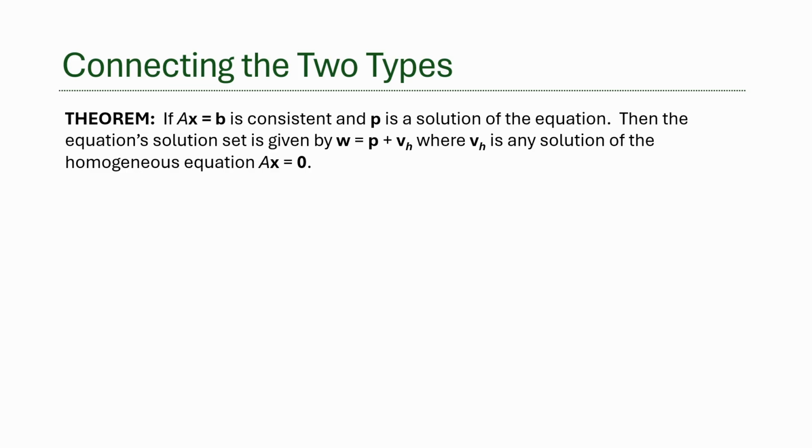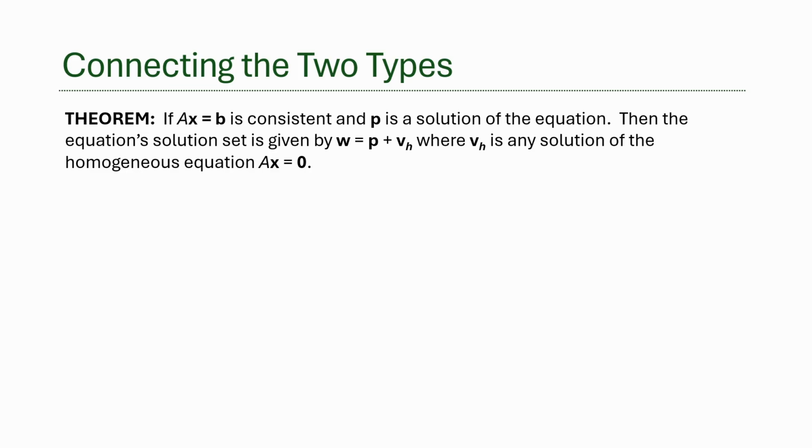So what this is saying is we can take the solution to a system of linear equations and split it up into a numeric vector, a constant vector, plus the set of all solutions of the corresponding homogeneous case.